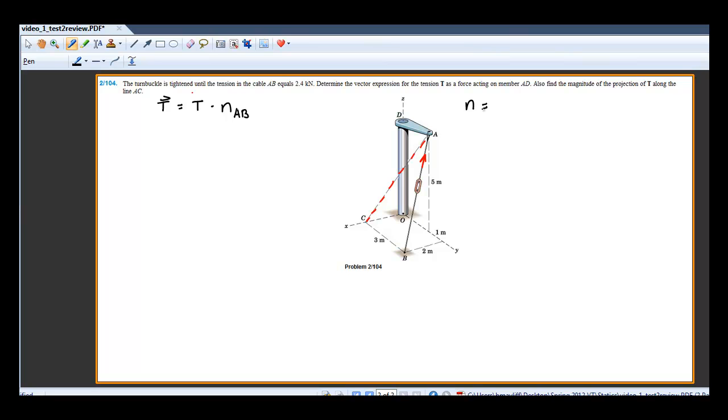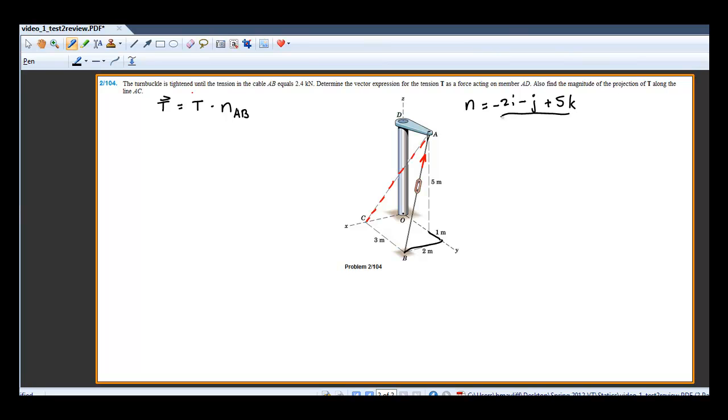The unit vector is equal to 2 in the x, so that's 2i. And that's going to be 1 because it goes across 1 here, minus j. These are both going to be minus. And then it's going to be plus 5k.